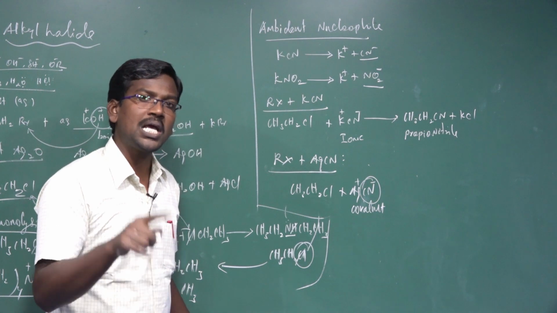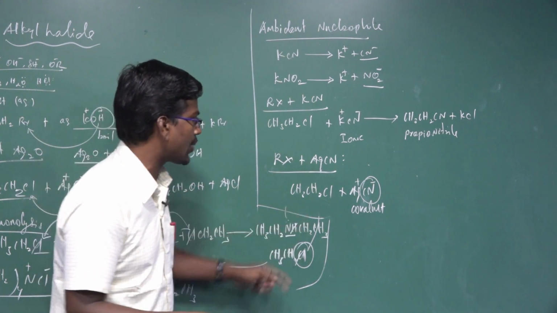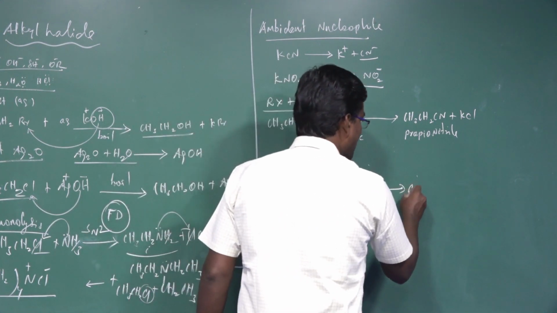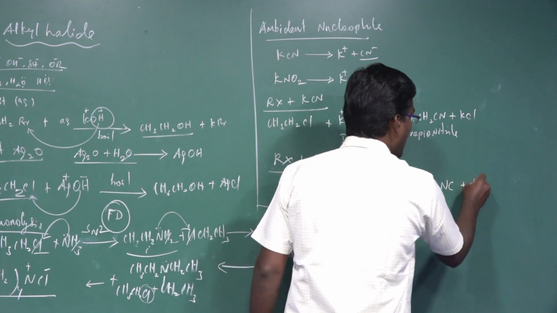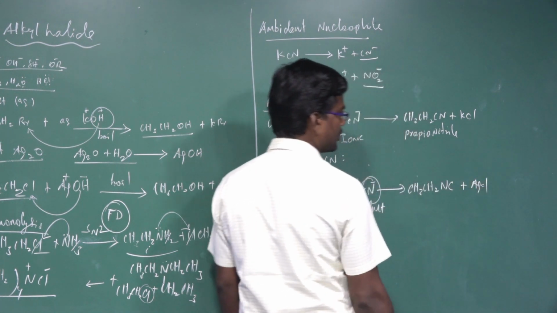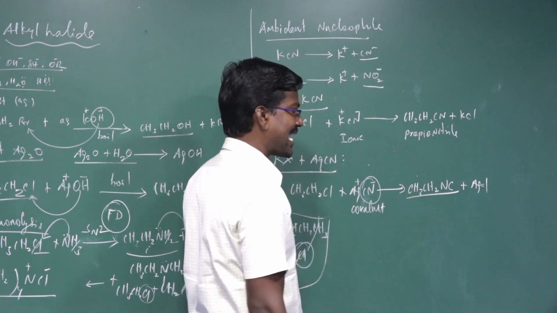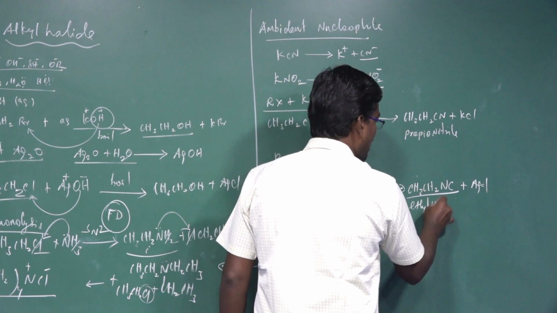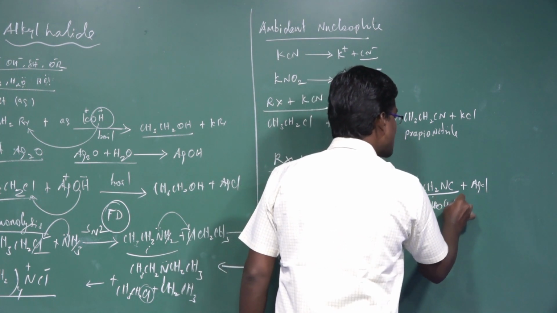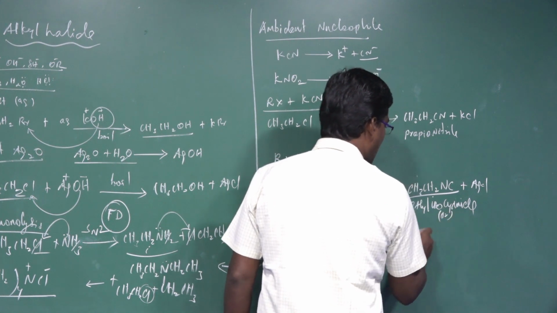Compared to carbon, nitrogen preferentially donates its lone pair of electrons to the methylene carbon to form CH3CH2NC plus silver chloride removed. This compound is otherwise called ethyl carbylamine, ethyl isocyanide.